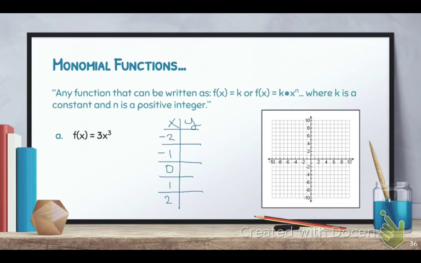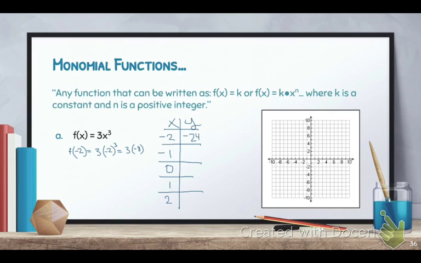So now that I know what my x's are, I can just plug them in, right? So f of -2 is going to be equal to 3 times -2 to the third power, right? Which is going to equal 3 times -8, which is equal to -24, right?